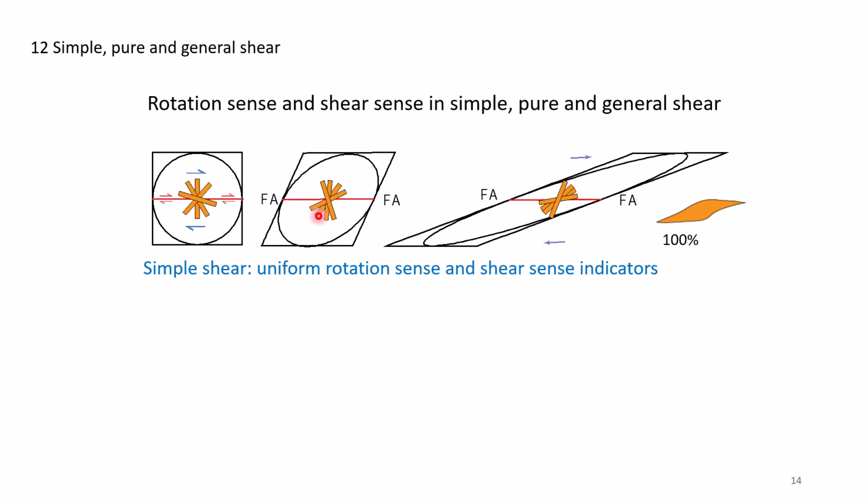And if these feldspar phenocrysts develop shear sense indicators such as sigma clasts, all of them would indicate a top to the right sense of shear. So simple shear is characterized by a uniform rotation sense and uniform shear sense indicators, all indicating the same sense of shear.